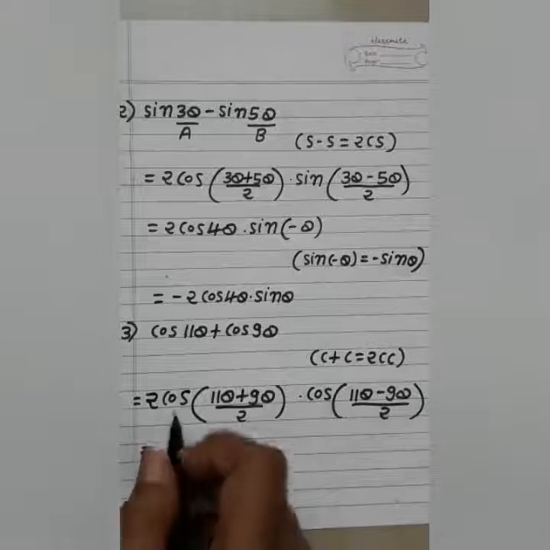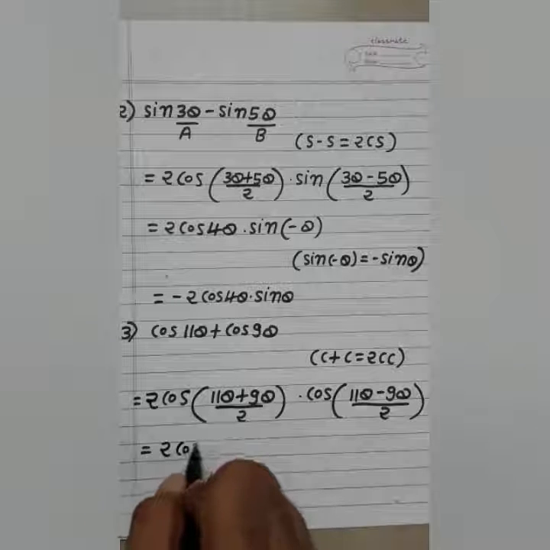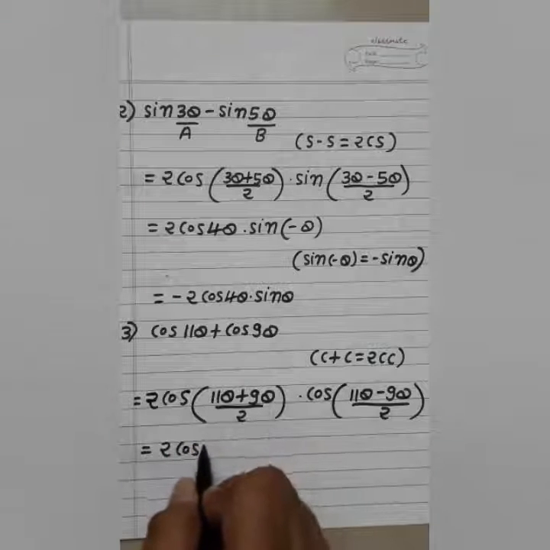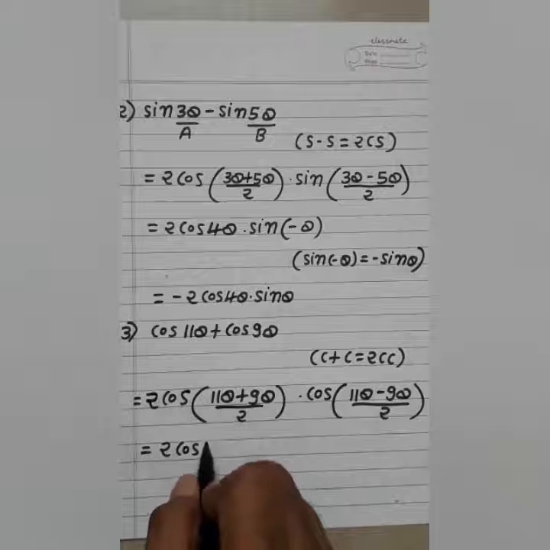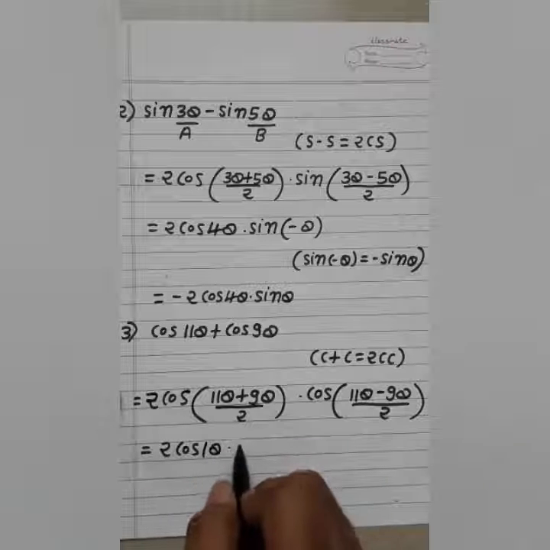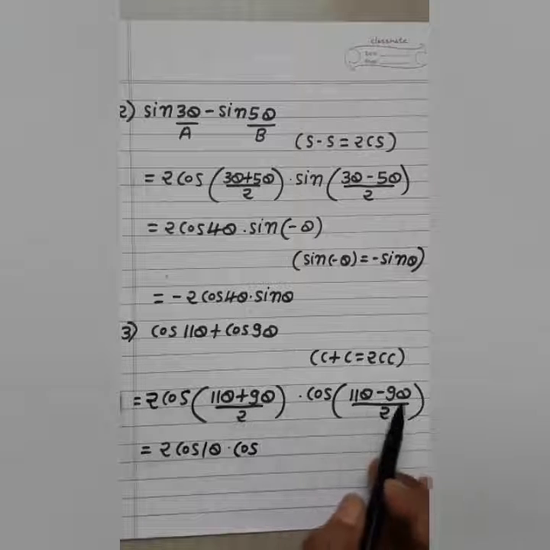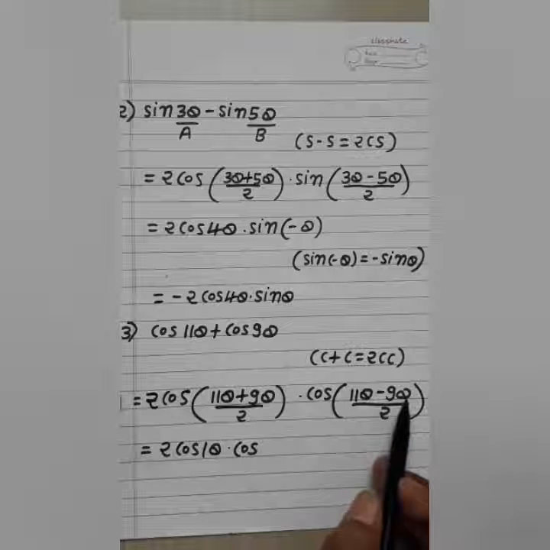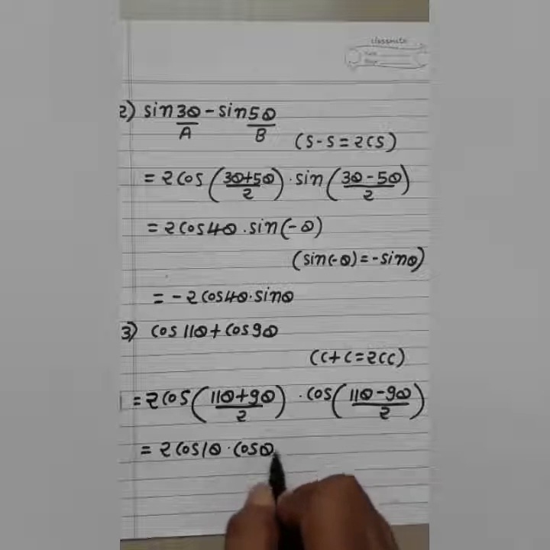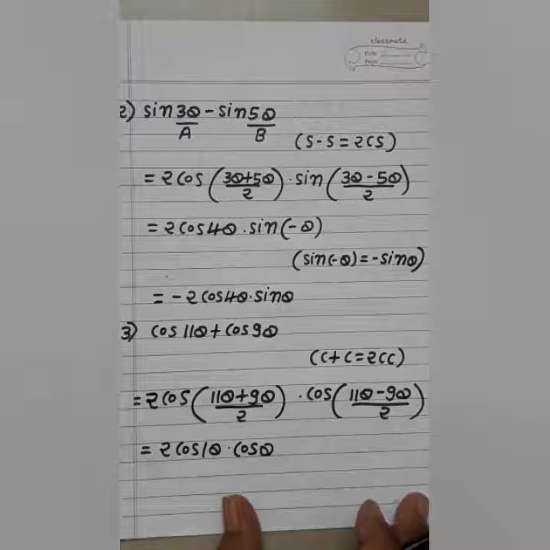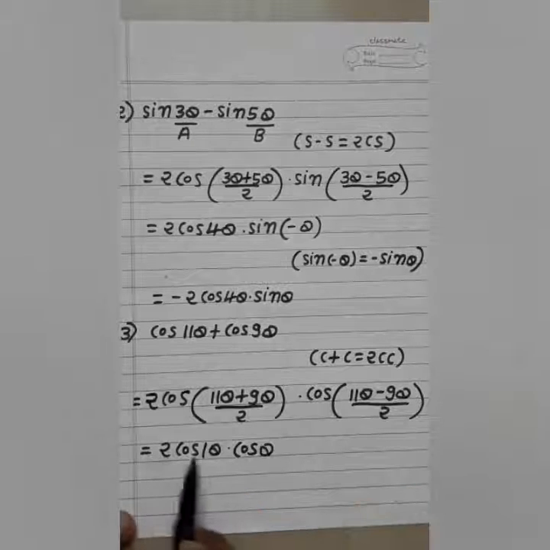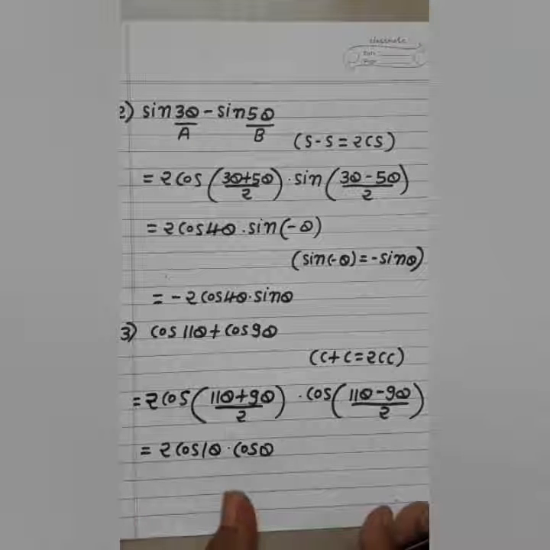That is 2 cos of 20 theta divided by 2, that means 10 theta, into cos of 2 theta divided by 2, so the remaining term is cos theta. So our answer is 2 cos 10 theta into cos theta.